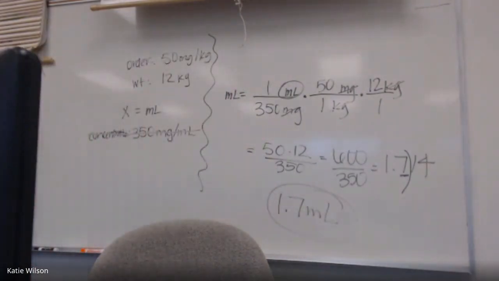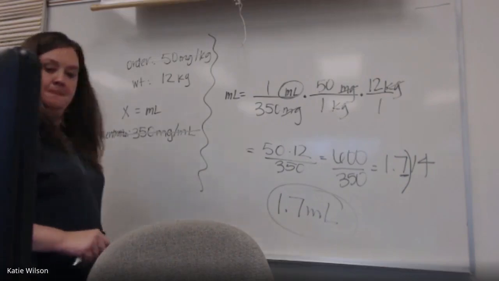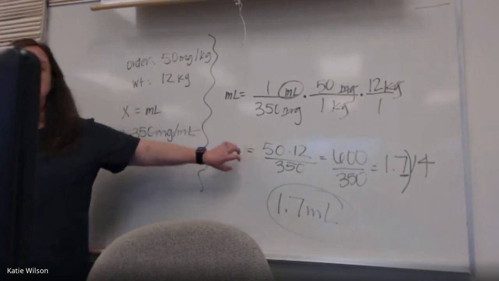You could do it with the 1.8. So what would change if you used the incorrect concentration? It would be 250 milligrams per milliliter. Does everyone have this written down before I move on?